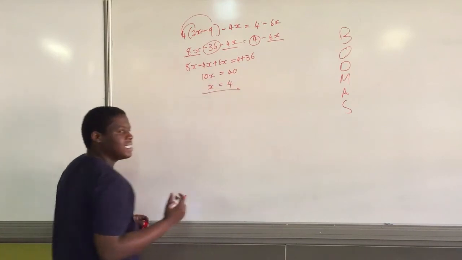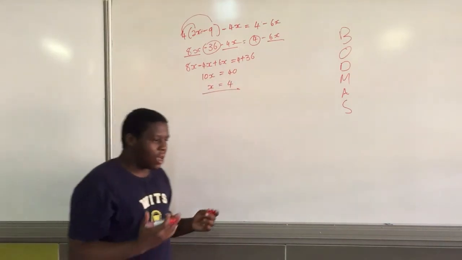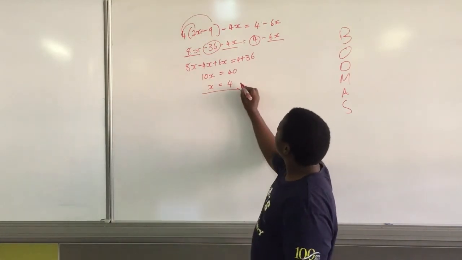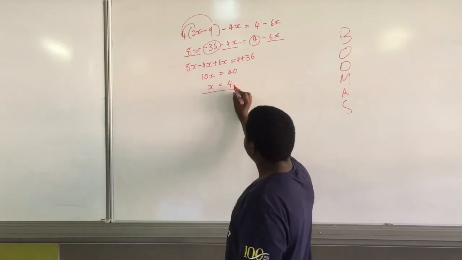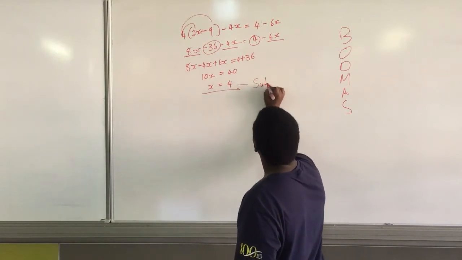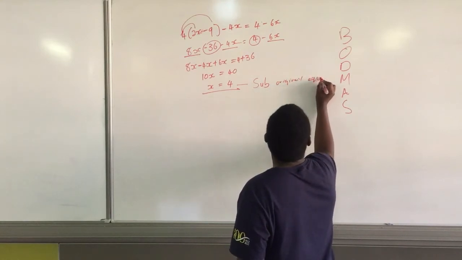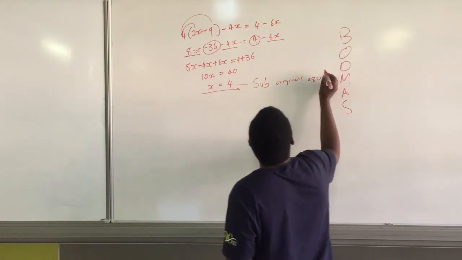One of the nice things in equations, to test out the answer that you got, you can always take the x and put it back into the original equation. You can take this and sub it in the original equation. The original equation that we have here is this one.